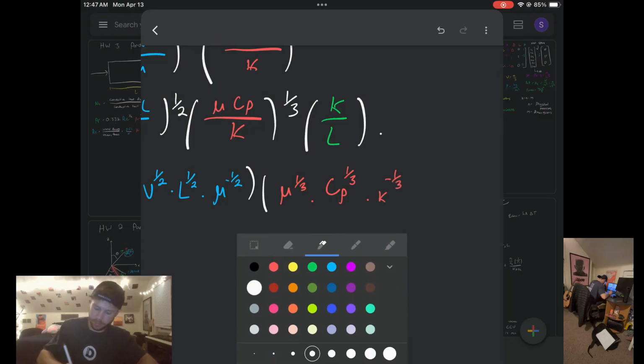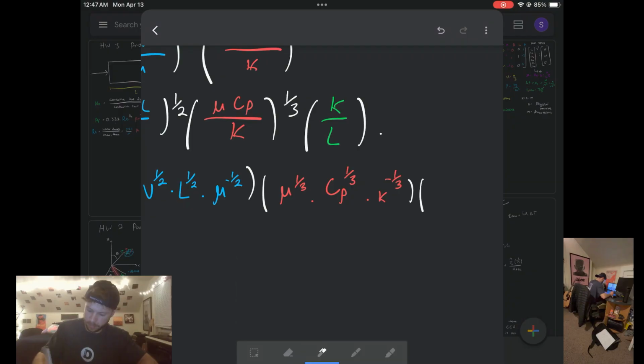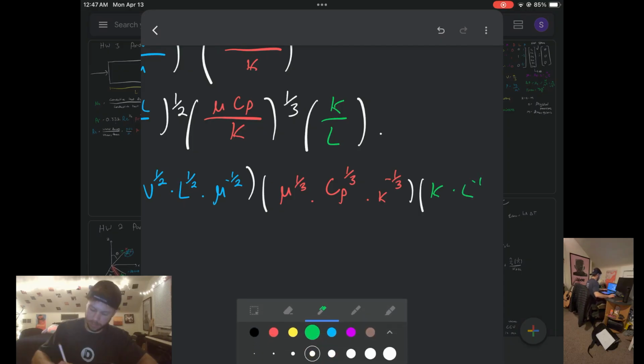And that will be multiplied by our thermal conductivity times our length to the negative 1.